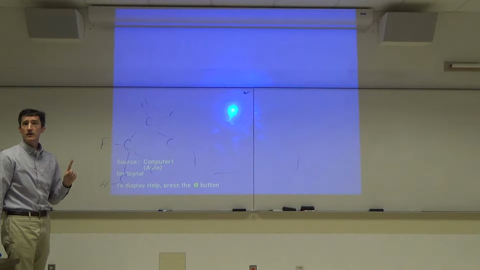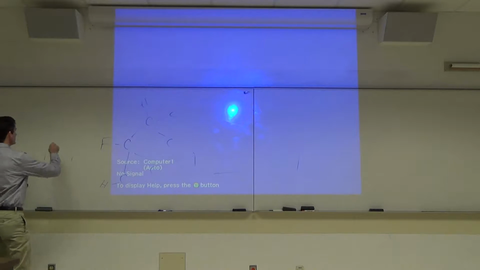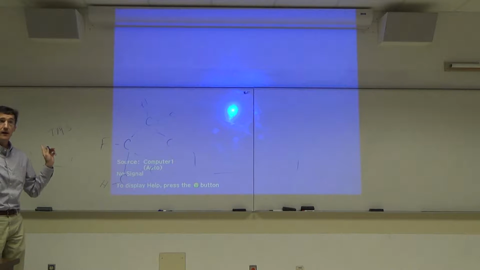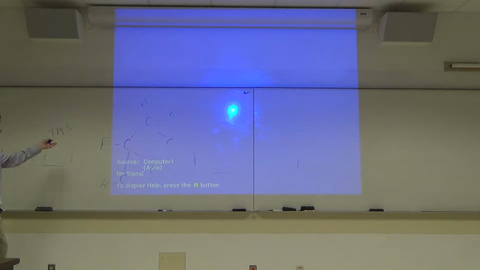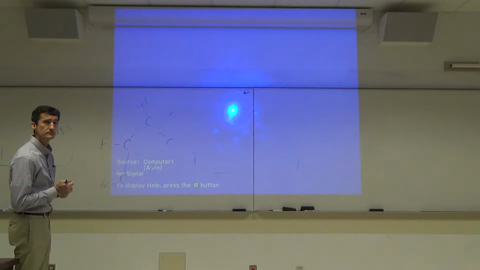Every NMR is going to have some type of standard that you set at 0. For proton and carbon, you use TMS, tetramethylsilane. It has H's and carbons, but it doesn't contain any fluorine, so it won't give a signal in the fluorine NMR. In fluorine NMR, is there a standard listed? No, that was one of my concerns.